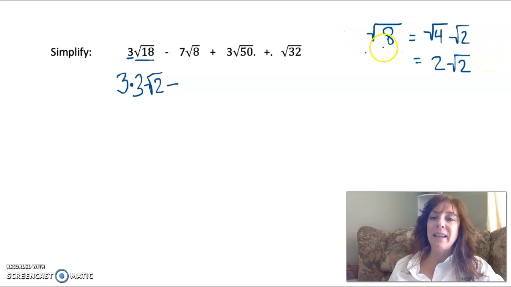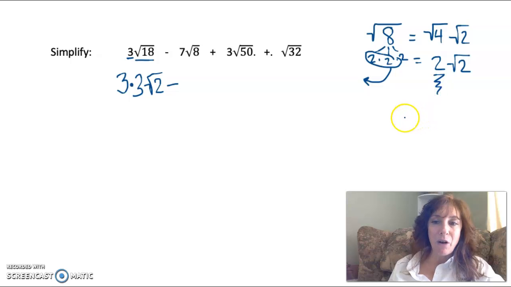Another way we can think of this is if we break 8 down, it's 2 times 2 times 2. Whatever I have 2 of can come out of the radical, and that's where we get this first coefficient 2. Now remember, 7 has to be multiplied times all of that. So I have 7 times the square root of 8, and over here I found that the square root of 8 is the same thing as 2 square root of 2.